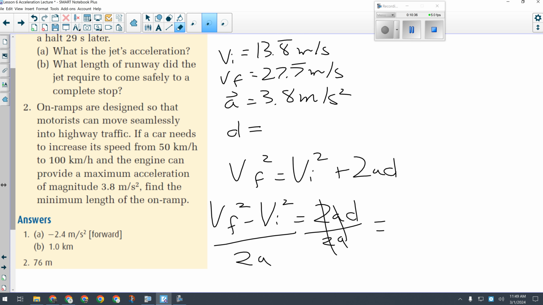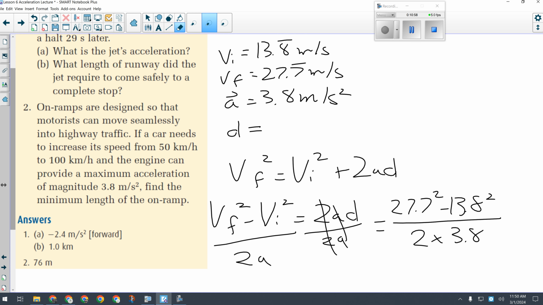All right, so that's going to be the 27.7 squared minus the 13.8 squared, divided by 2 times 3.8. What do you suppose people forget to do in this formula most often? Square those numbers.